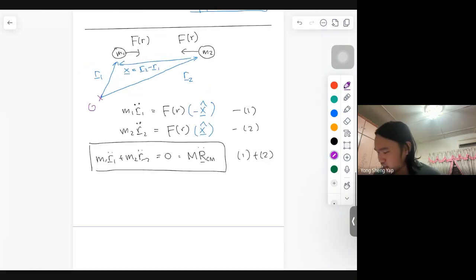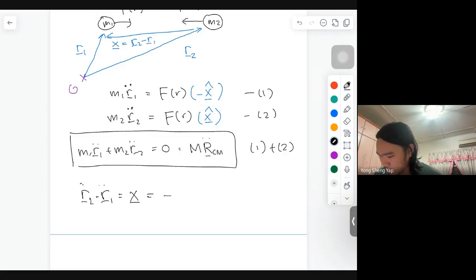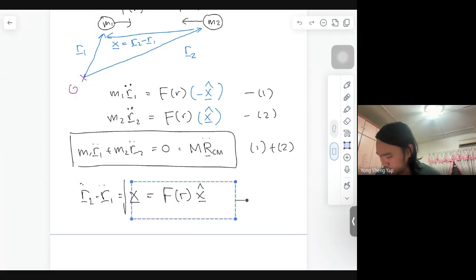And similarly, for the second thing, you can divide by m1 for the first equation and by m2 for the second one, and you always get r2 minus r1, which is x, equals f of r in the x direction, with the reduced mass.